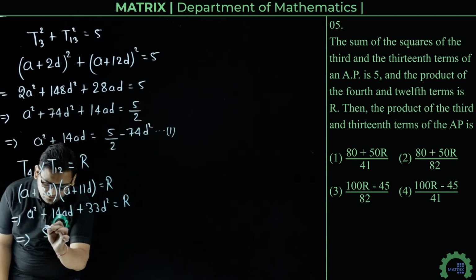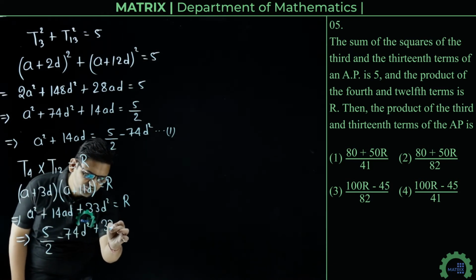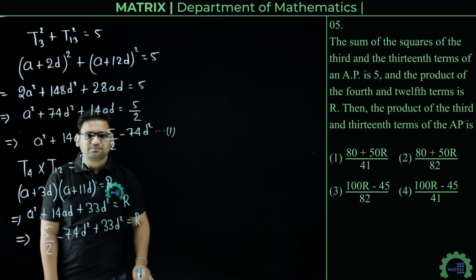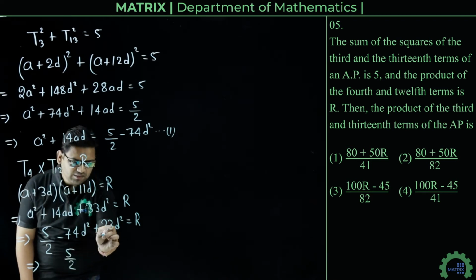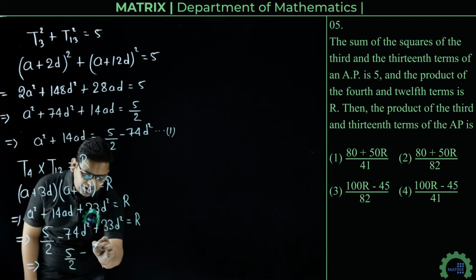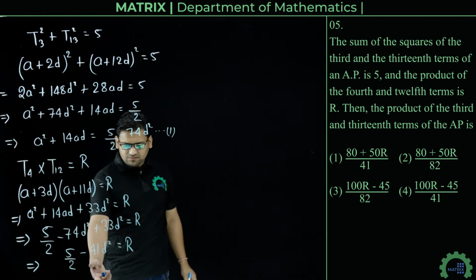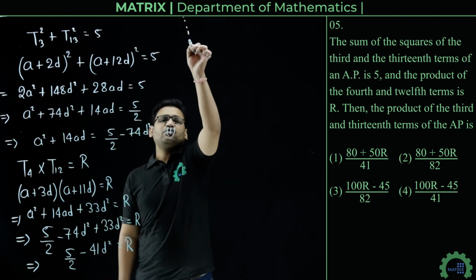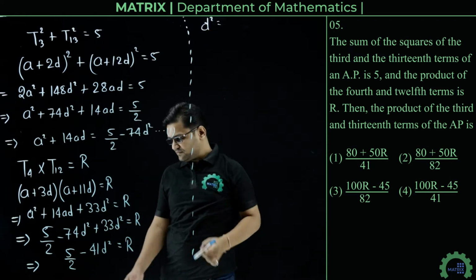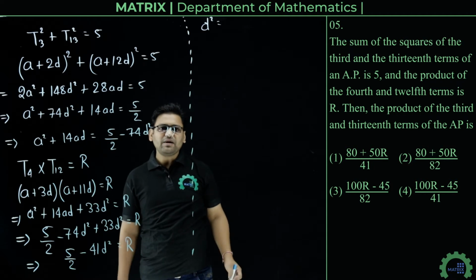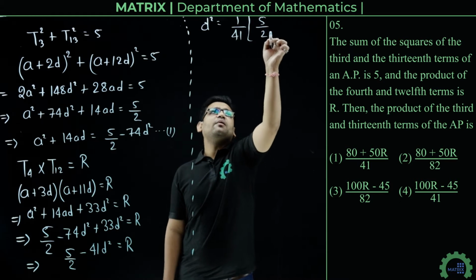So we can write it 5 by 2 minus 74D square plus 33D square will be equals to R. Or we can write it as 5 by 2 minus 41D square will be equals to R. From this, we can write the value of D square in terms of R. So D square will be 5 by 2 minus R by 41, that is 1 by 41 into (5 by 2 minus R).